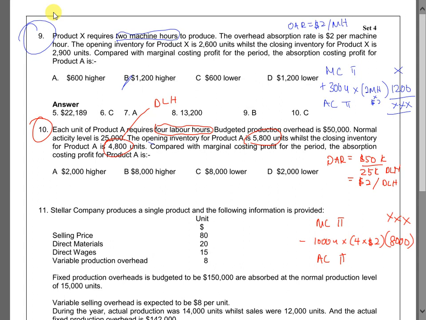When you minus, you have lesser, 1x. So MC will be higher than AC. Compared with MC, AC will be lower by 8,000. Okay? Done.